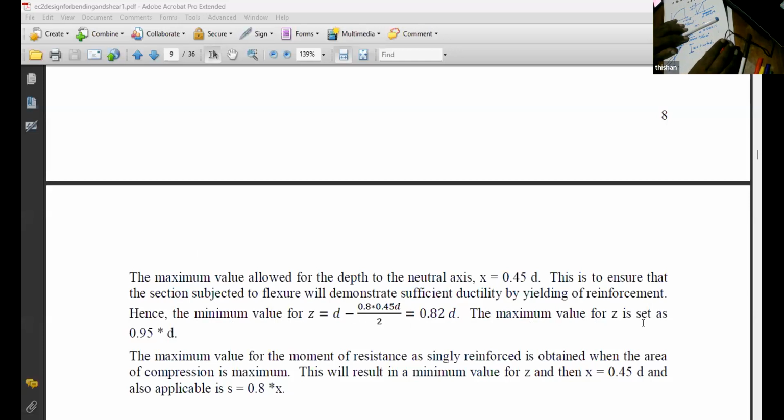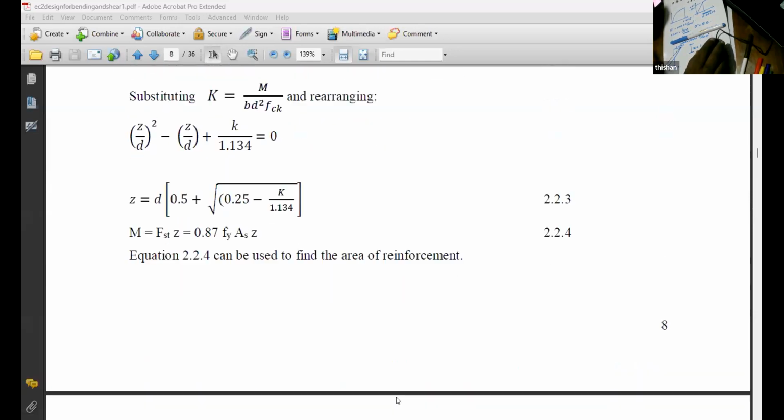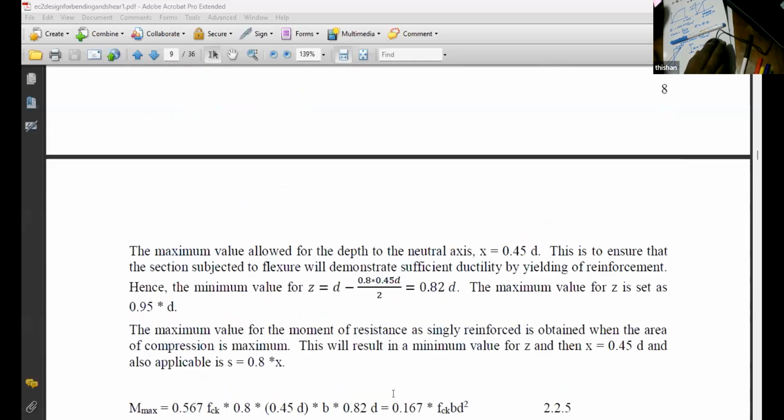The maximum value for Z is set as 0.95 d. The maximum value for the moment of resistance as singly reinforced is obtained when the area of compression is maximum. This will result in the maximum value for Z when x is 0.45 d, and also applicable is s equal to 0.8 times x. So I hope that you can understand the statement.